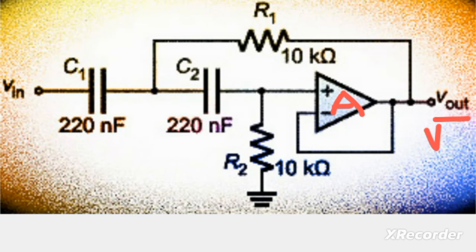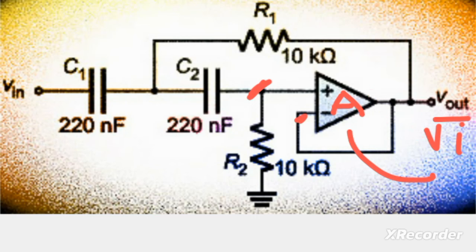Or in other words we just say VI is the difference between the positive and the negative pin of the amplifier. So since we say that A is equal to V out divided by VI, we can also write VI is equal to V out divided by A. So A comes here and VI goes right over here.